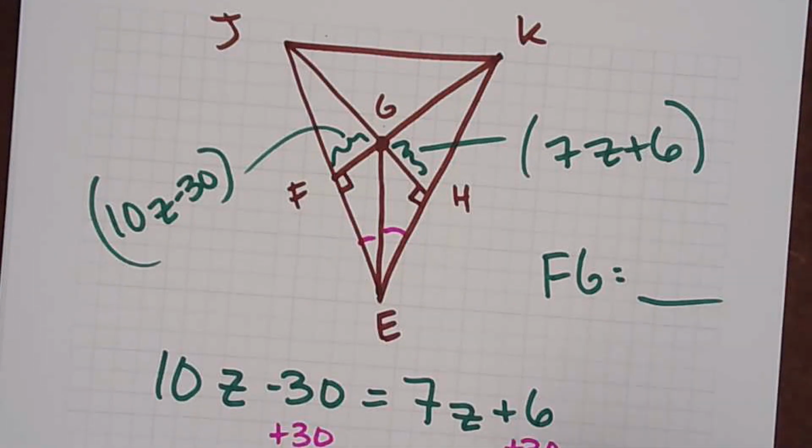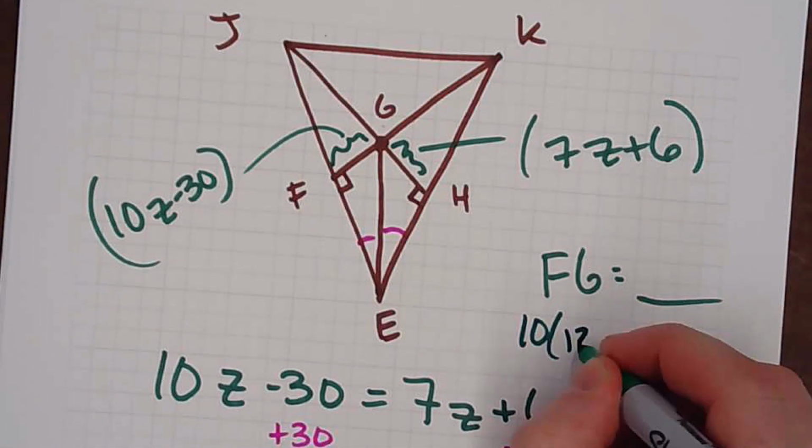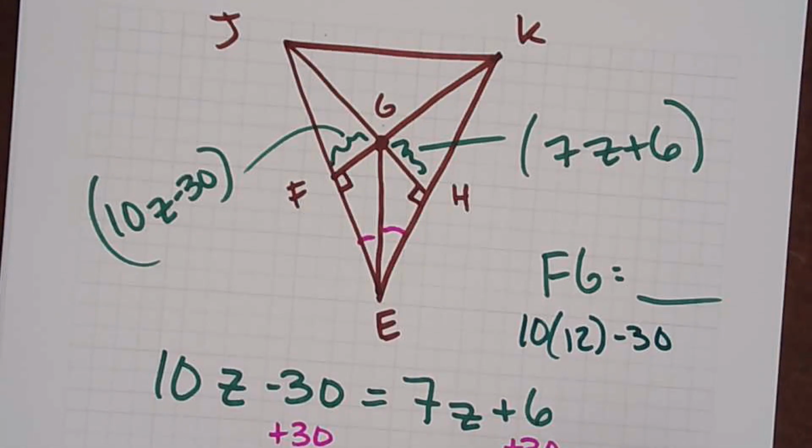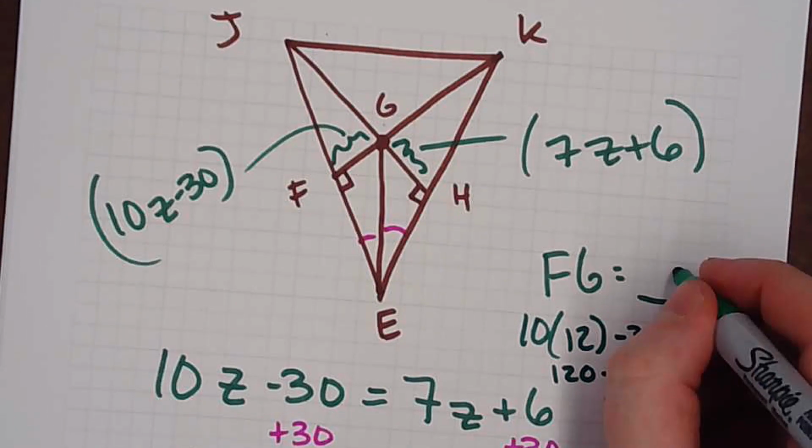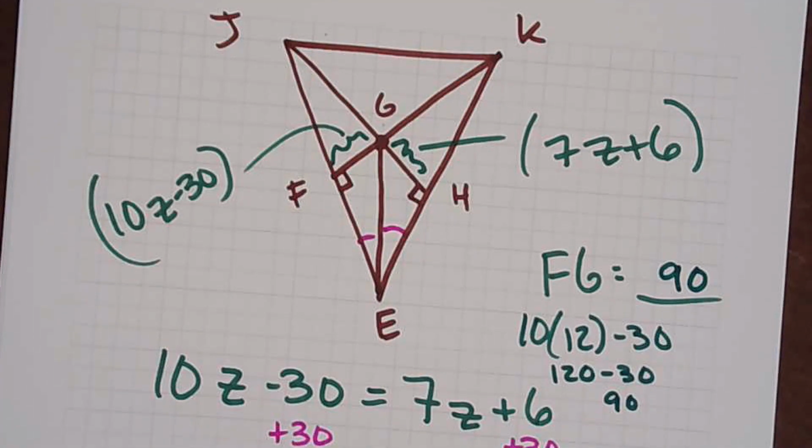So it's going to be 10 times 12 minus 30, because z is 12. So we get 120 minus 30, and that's going to be 90. So FG is 90, maybe 90 inches, 90 feet, I don't know, something like that.